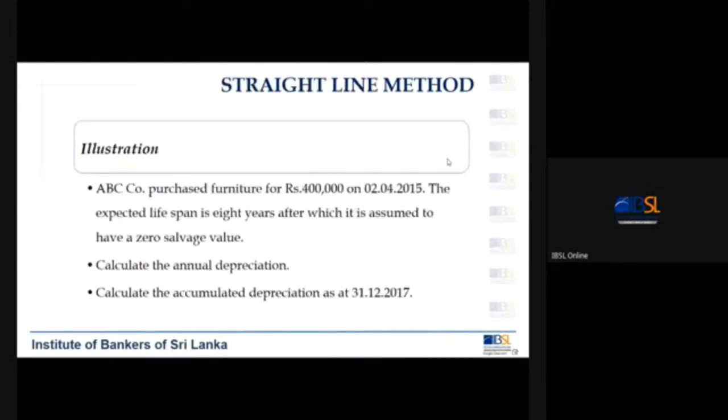Starting off with the straight line method. What does this straight line method say? Read the question for yourself. First, read the question.